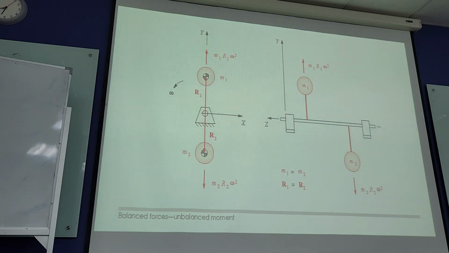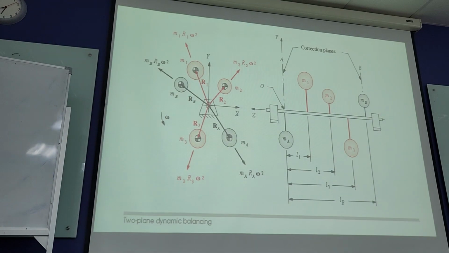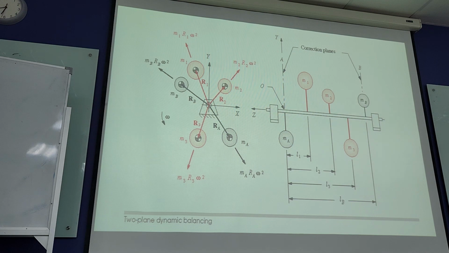Now you can see three masses, M1, M2, M3. This is called plane A, plane B. This is where we are putting some balancing masses for dynamic balancing. Here the unknowns will be MA, MB, and also this LB.